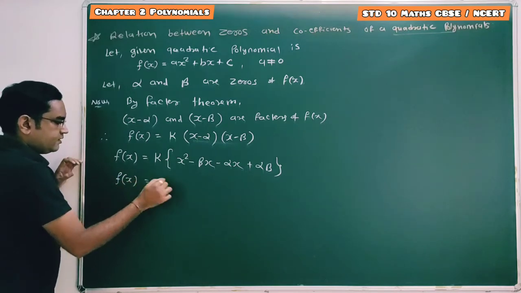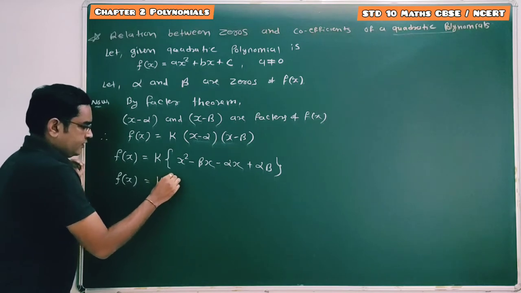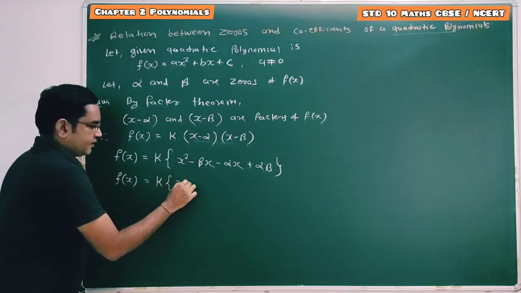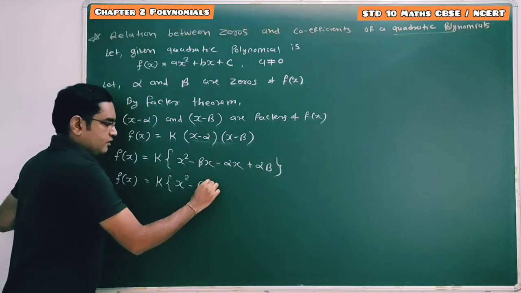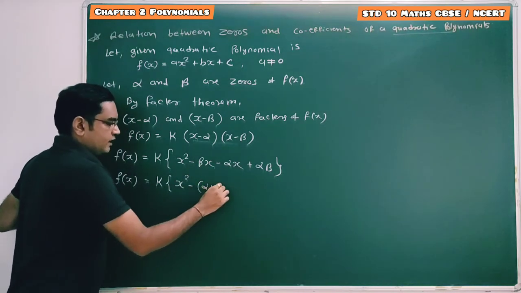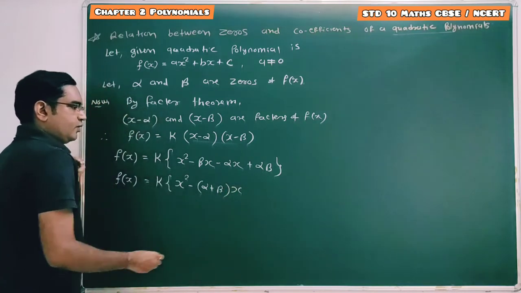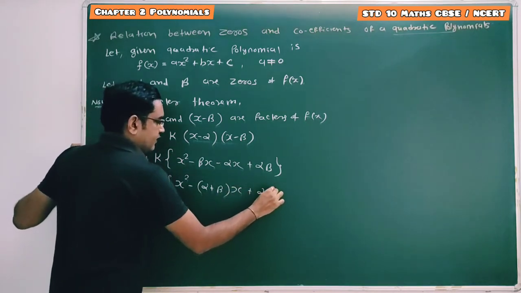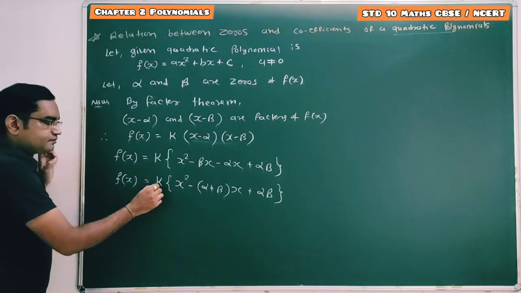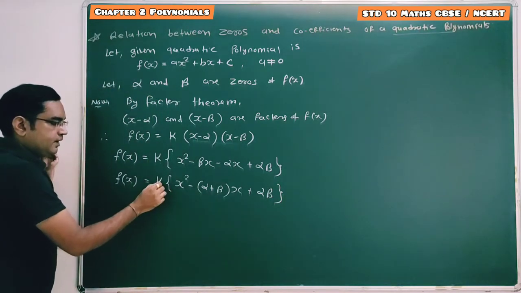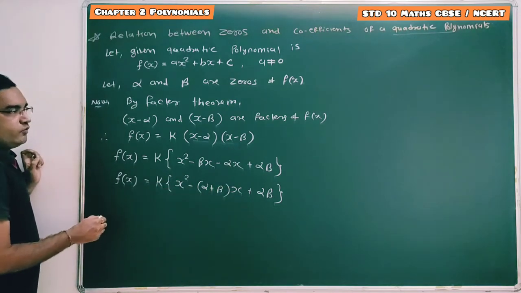So f of x equal to k times x square minus, taking minus and x common, alpha plus beta in bracket, into x plus alpha beta.